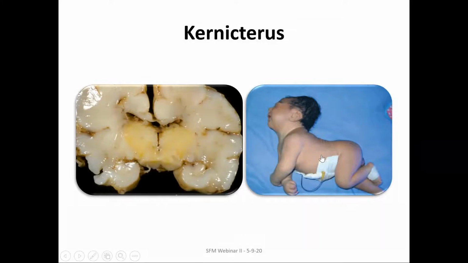The reason is, if there is a very high level of bilirubin, this bilirubin can cross the blood-brain barrier. Once it crosses the blood-brain barrier, it would settle down in different parts of the brain, with a particular affinity for the lentiform nucleus or the internal capsule, as you can see in this picture.